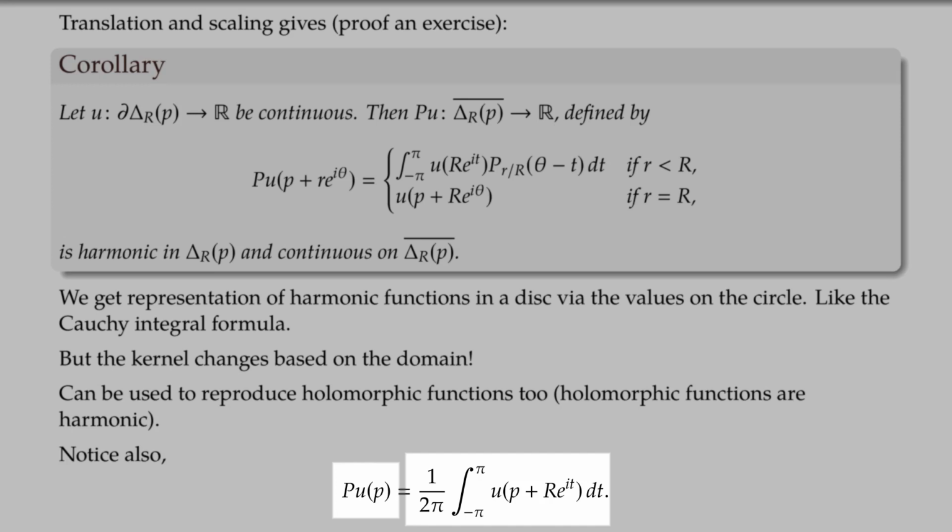Actually, the mean value property characterizes harmonic functions, and it's a much easier way of characterizing them, because computing an integral like this is much easier. You don't even need differentiability, just continuity of the function is good enough to compute this.